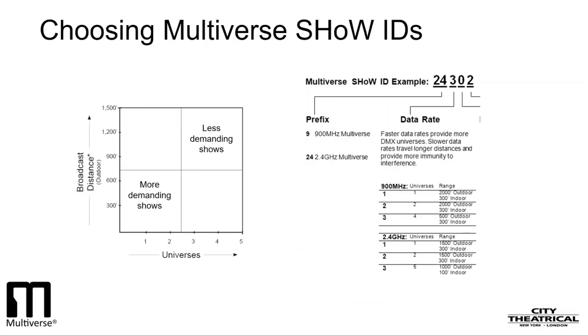Let's say we need a full 9 universe broadcast, and our show is typical moving lights and LEDs with a few conventional dimmers. Our broadcast range is outdoors and is about 200 feet. We would classify this as a less demanding show, and the chart on the left shows our needs fall within the capabilities of the system. Looking at the chart on the right, we now need to pick a data rate that will give us 9 universes.